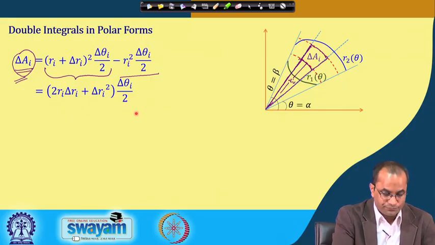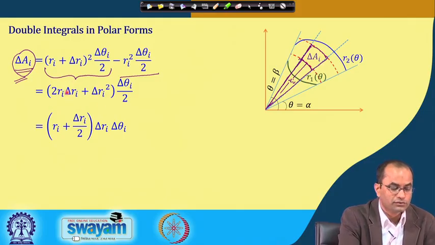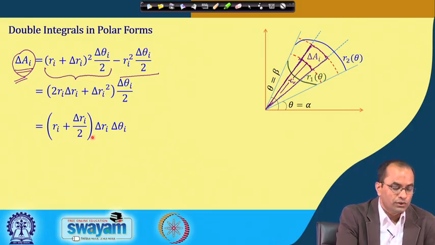Now, we can rewrite this by taking the common delta r_i term outside and dividing by 2. So, we will get r_i from the first term, and from here we will get delta r_i by 2.